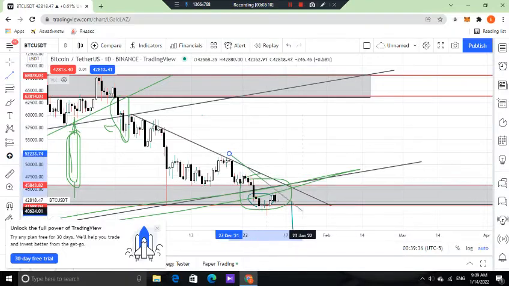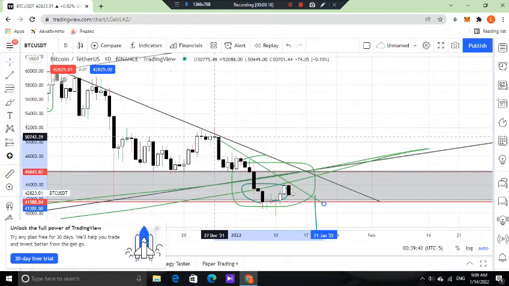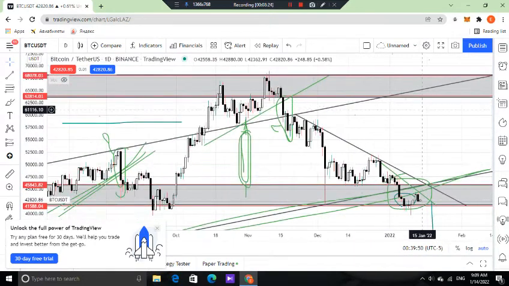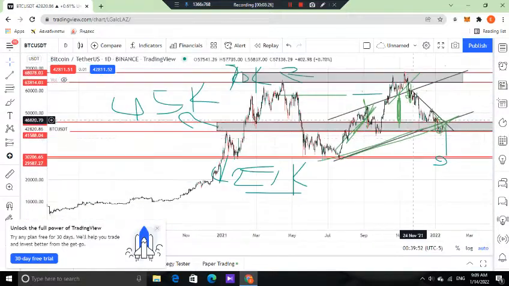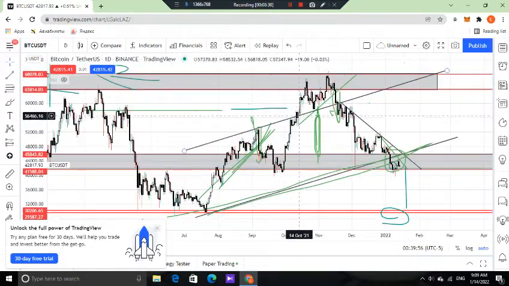If you want to redraw your trend line, it becomes something like this. But here at this level, it's a support area.